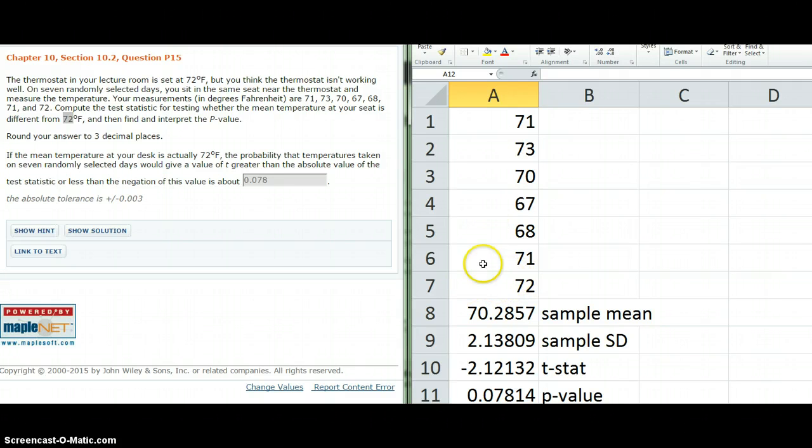So if we had more data points, it's very possible our sample standard deviation could be smaller, and because we're dividing by the square root of n, that would make our t statistic larger, and this right here would be smaller, so it would be below 0.05. But that's just a hunch. With this data here, all we can say is no, we do not reject the null with this p-value.